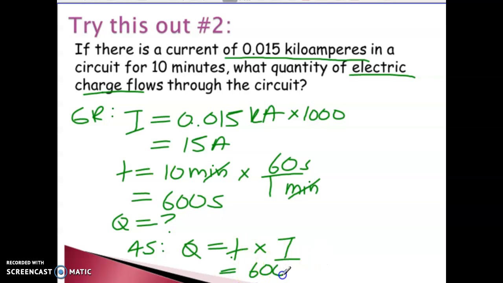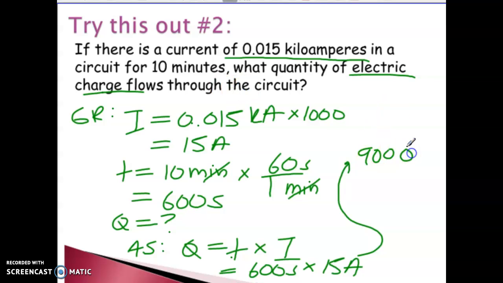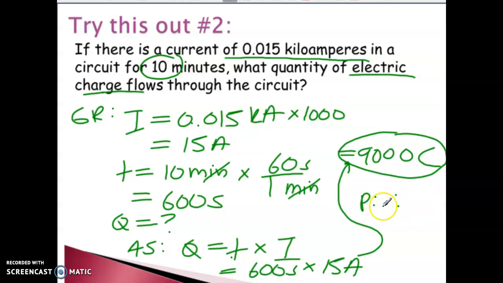So it's going to be 600 seconds times 15 amps. 600 times 15 is 9,000 coulombs. And actually, this is already in 1 significant digit. Then you would add a little therefore statement. Therefore, the charge that is flowing through this circuit is 9,000 coulombs. I'm just going to say that verbally because I'm kind of squished in for space here.